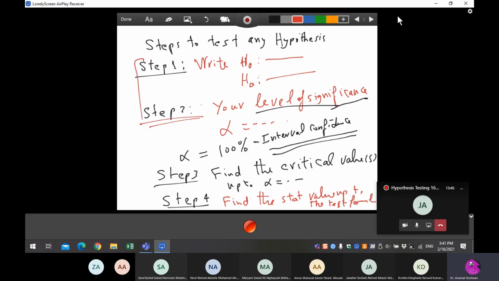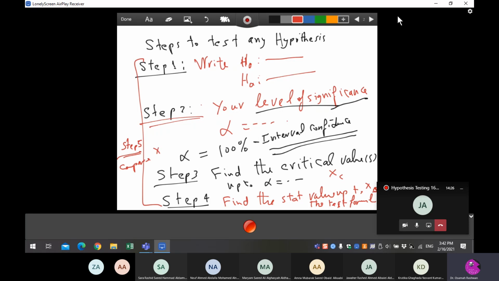Now, with all of these, you should have the last step to take the decision, right? So step 5 comes last. This is for the decision. You compare the critical value, which I will call XC, with this one, which I call XO. They call it O for observed, or S, it doesn't matter.